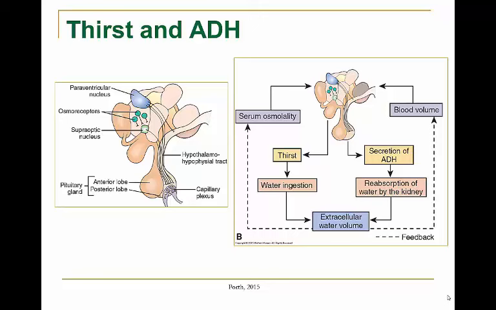So what happens is when all these things are triggered, we actually have stimulation that occurs by nerve impulses. Those nerve impulses travel down the hypothalamic hypophyseal tract to the posterior pituitary gland, causing that stored ADH to be released into the circulation. And that's the basic process of what's going on.